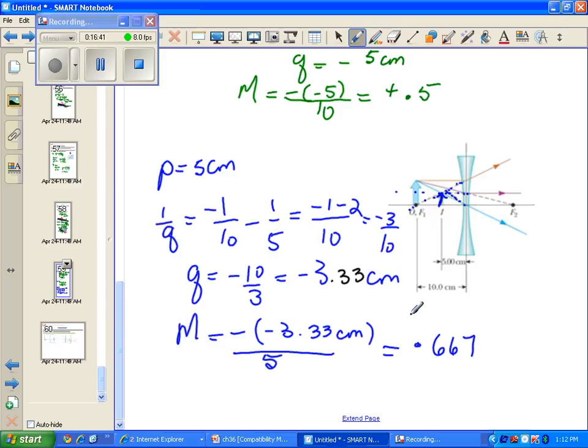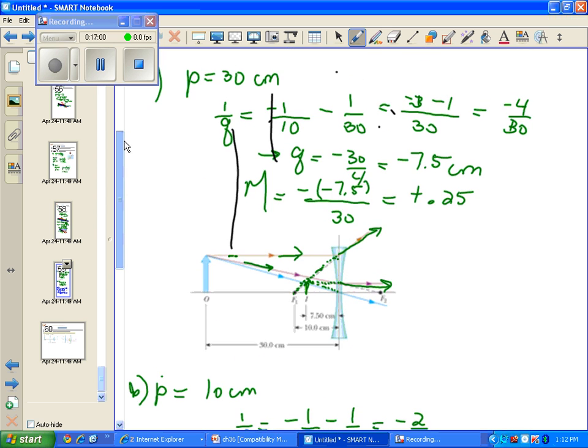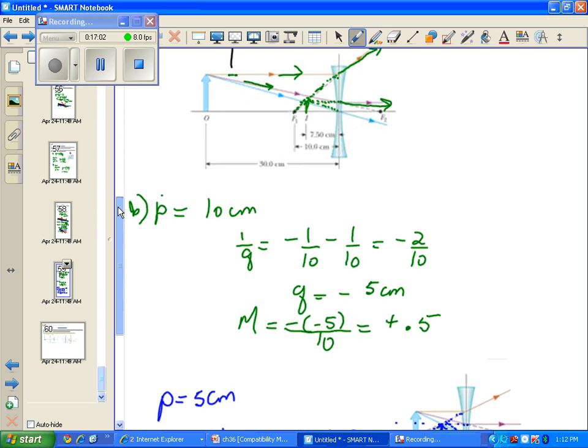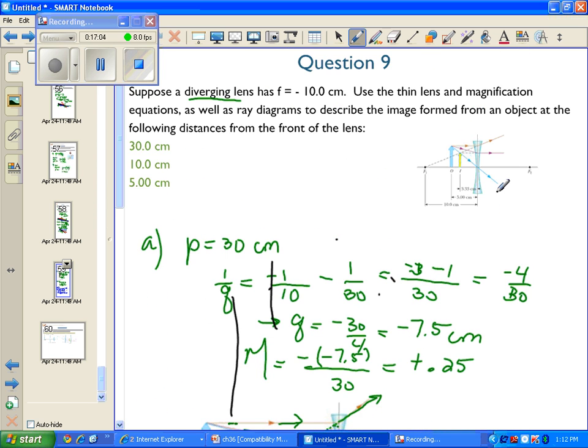Well, you can see that when we are within the focus, the closer we appear to the lens, the bigger the image. See here, M was 0.5. Here, M is 0.667, and to start with, M was 0.25. So our magnification seems to be getting larger.